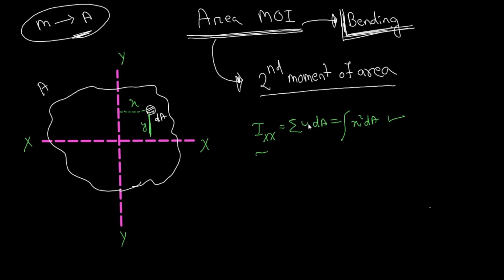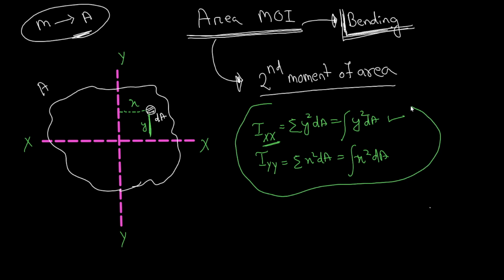So you have to take the moment twice: about the x axis, y square dA. Similarly, about the y axis, you will write the sum of x square dA. You can write it in integration form as the integral of x square dA, and above, y square dA. This is the generalized formula.